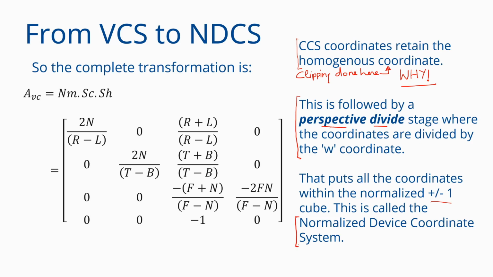Okay. So notice that by going from VCS to CCS and then to NDCS, we haven't had to consider any quantity that depends on the size of your window.